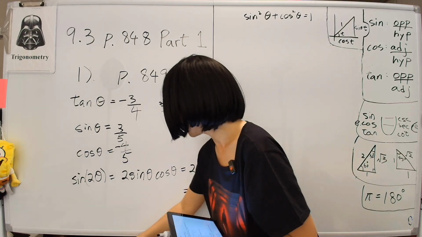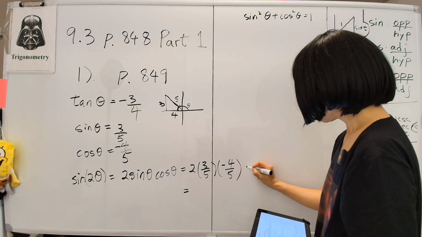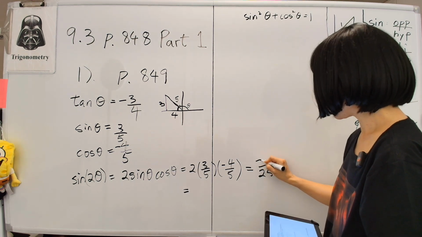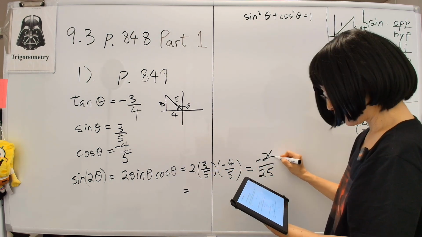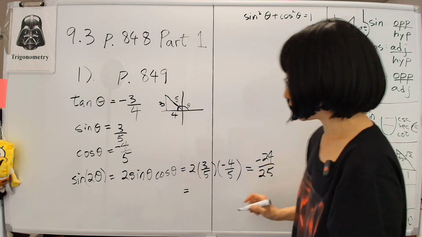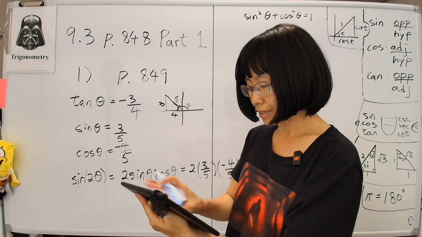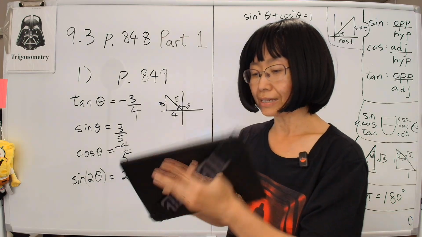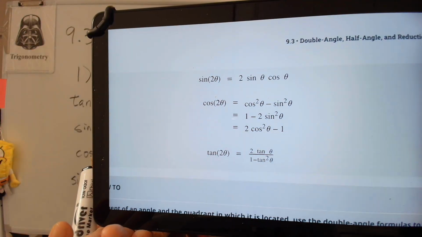I'll write it over here. So that is just 25 in the denominator, times negative, 12 times 2 is 24, and that is what the book says as well. All right, so that's sine of 2 theta, and next is cosine of 2 theta. You follow the cosine 2 theta formula, and there are 3 of them, and you might wonder which one to follow.